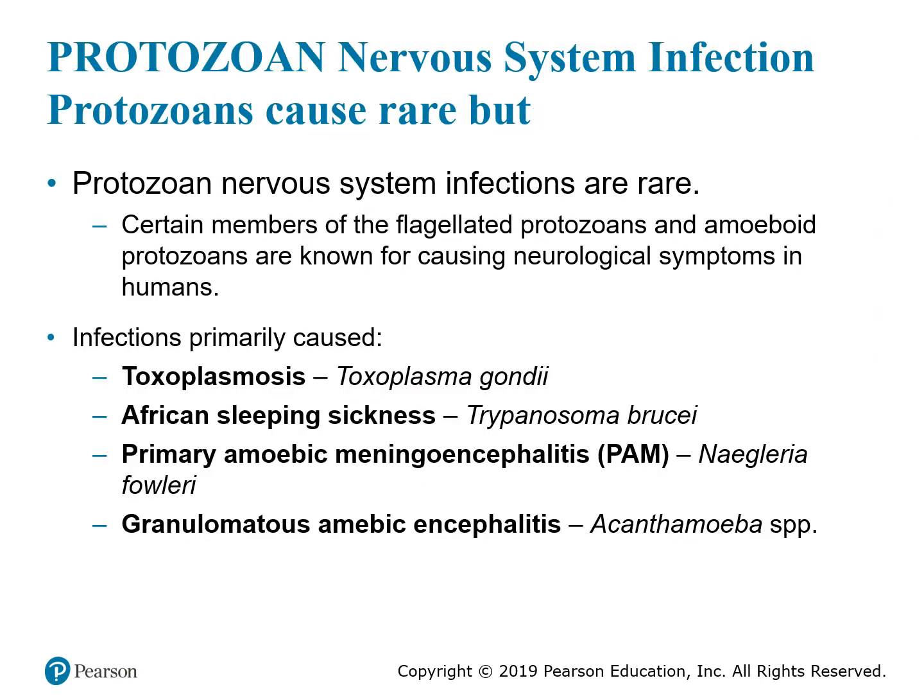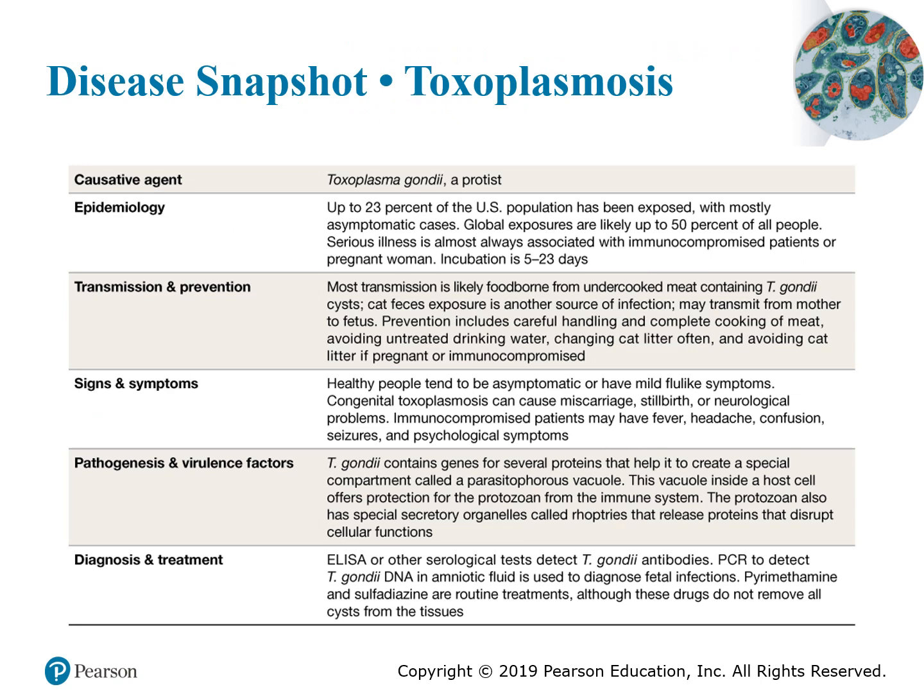There are a few parasitic organisms that can infect the nervous system, so these include toxoplasmosis, African sleeping sickness, primary amoebic meningoencephalitis, granulomatous amoebic encephalitis. Toxoplasmosis is transmitted foodborne through undercooked meats, but it can also be transmitted due to exposure to cat feces, where it's transmitted mother to fetus.